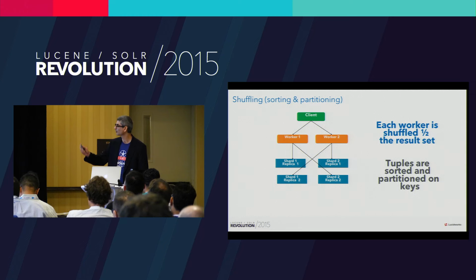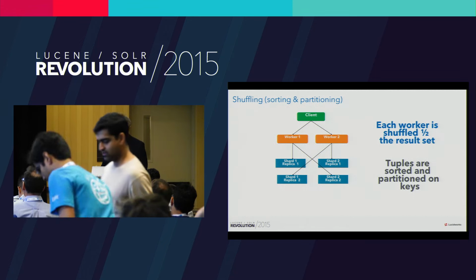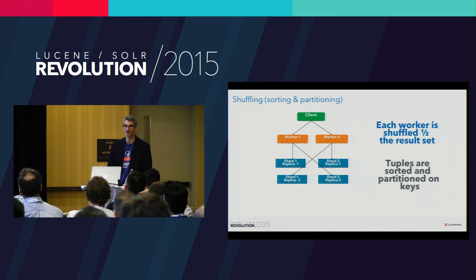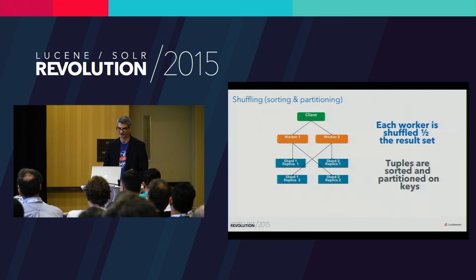Since there are 2 workers, each replica in each shard is actually getting hit in this query. What comes back is tuples that are sorted and partitioned to the workers. They start flowing instantly, and the workers can then begin acting on that data, doing whatever operations they are set to do.